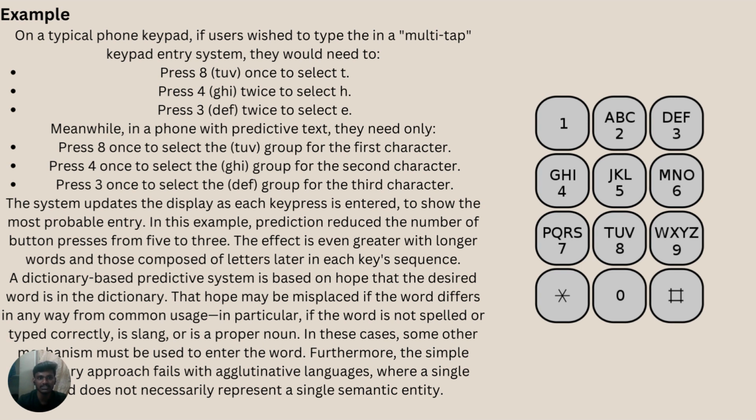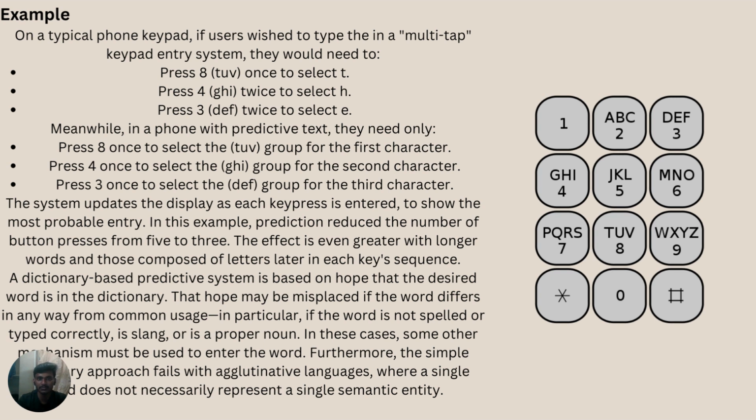The system updates the display as each key press is entered to show the most probable entry. In this example, prediction reduced the number of button presses from 5 to 3. The effect is even greater with longer words and those composed of letters later in each key sequence. A dictionary-based predictive system is based on the hope that the desired word is in the dictionary.